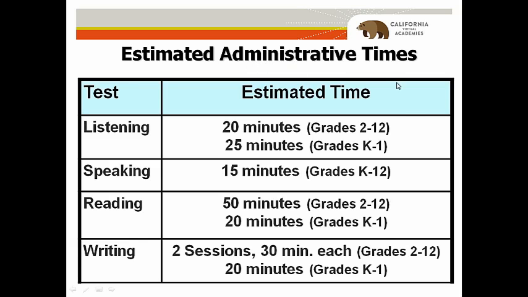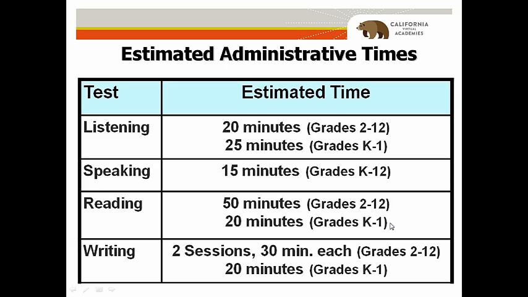Estimated administrative times. Here I just have a little chart that shows an estimation. Again, just like the STAR testing, it varies, but just so you know what to expect. Listening, 20 to 25 minutes depending on the grade level. The speaking area, about 15 minutes. Reading could be up to 50 minutes for the older grades.